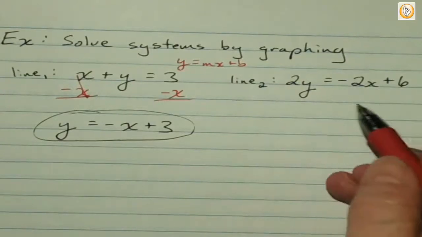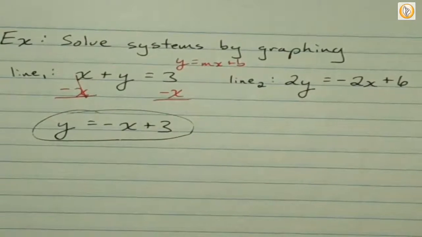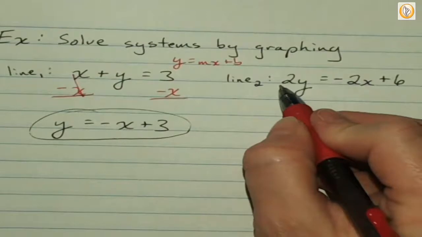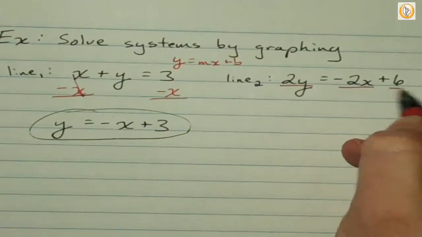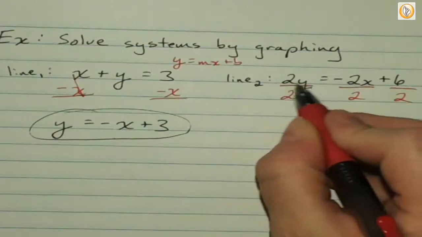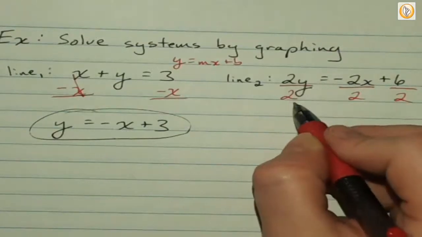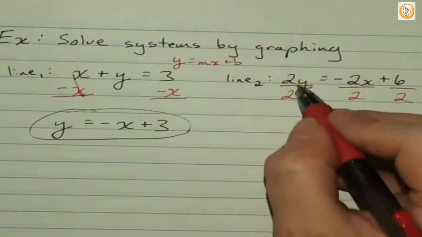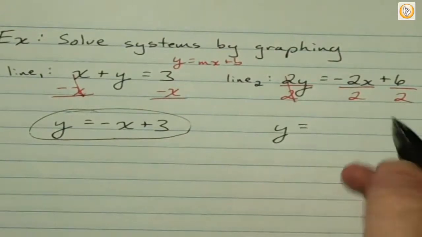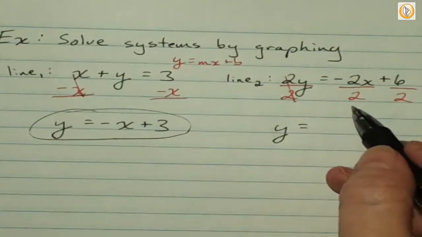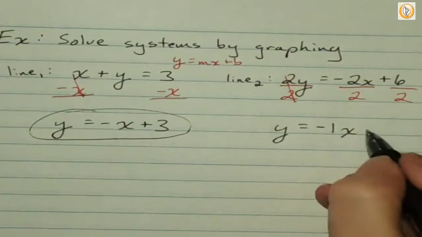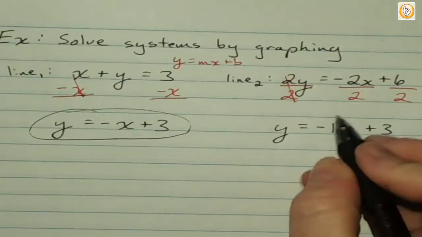Aiden, tell me how to put this one into y equals mx plus b. Divide the x and the b by 2. So we're going to divide everything over here by 2 because we got to get rid of that 2. And since the 2 and the y are multiplying, the opposite is dividing. So we're dividing everything by 2. So then I get y equals -2 divided by 2 is? So -1x plus what? 3.